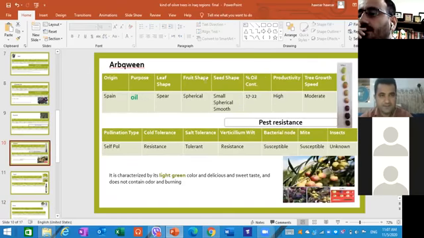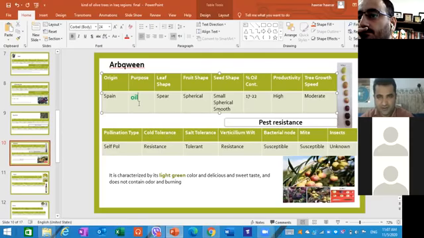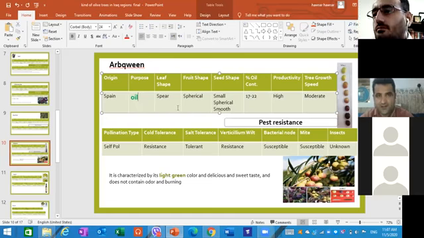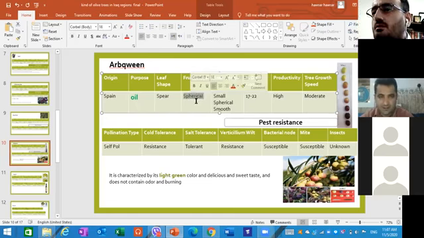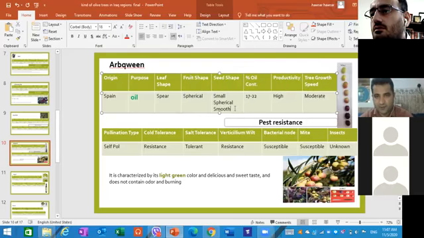And another type is Arab Queen. Arab Queen originally is from Spain, and the purpose is for the production of oil. The leaf shape is spear, the fruit shape is spherical, like a ball, and the seed shape is small, spherical, smooth, and the oil content is between 17 to 21.